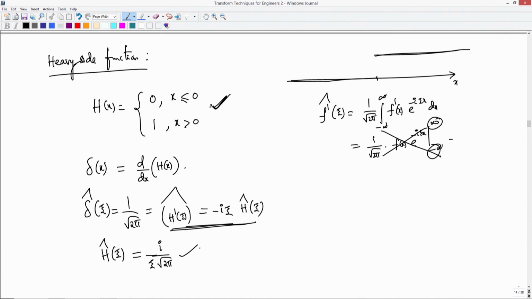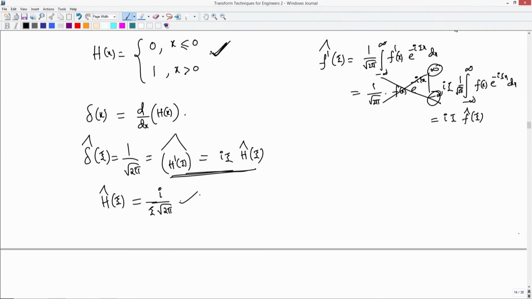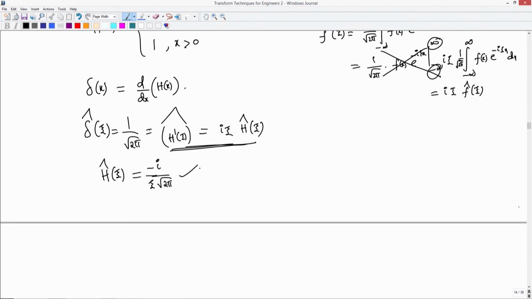So you end up with minus 1 by root 2 pi, integral of f of x, and minus minus gives plus, so it is i xi f of x e power minus i xi x dx. This is i xi f cap of xi, with a plus sign here. So that makes it i xi times 1 by i xi, and this is what you may end up with for the Heaviside function's Fourier transform.